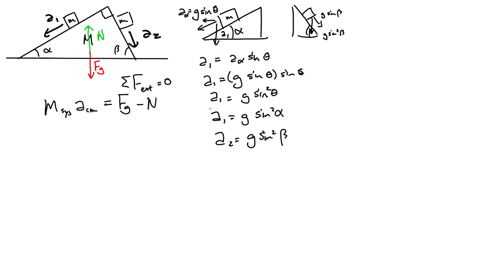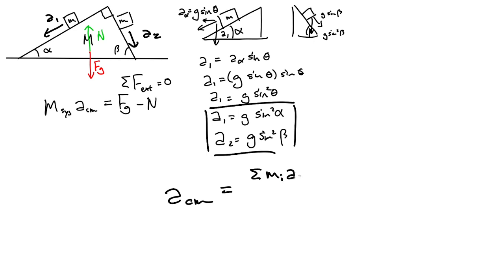But now we have these two. The acceleration of the center of mass follows the equation we use for every center of mass problem: the sum of mass times acceleration over the sum of all our masses.